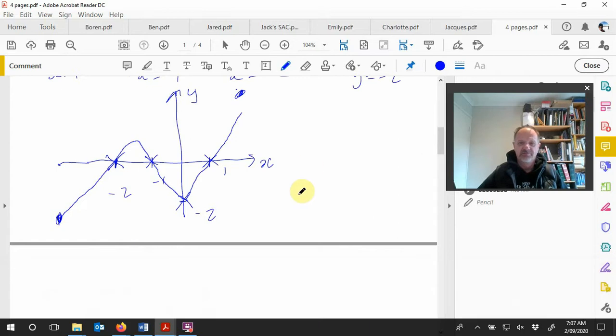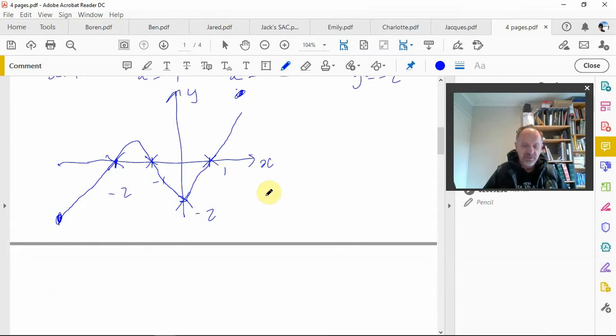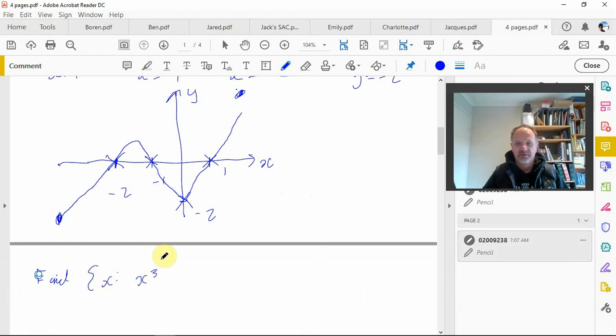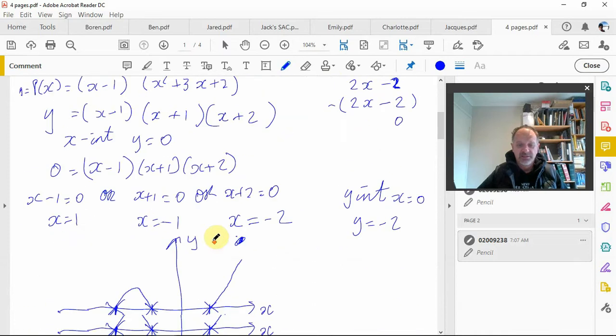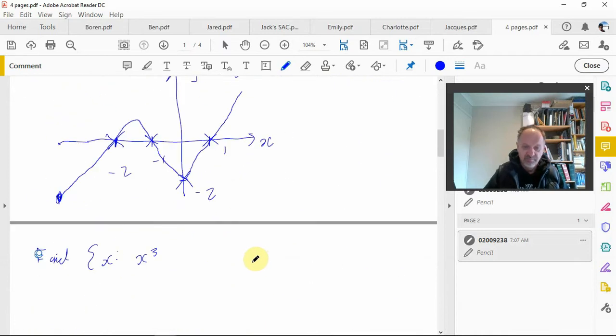Let's get rid of all that stuff. So the question in the first place asked us to find, oops, I haven't written that properly, x cubed plus 2x squared minus x minus 2, where that was less than or equal to 0.